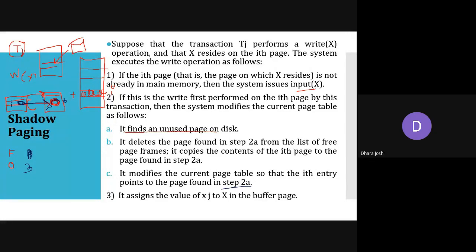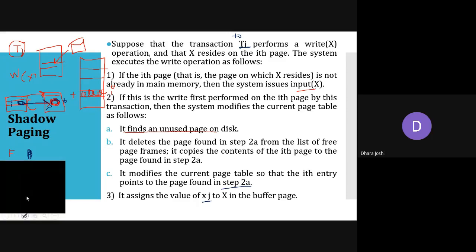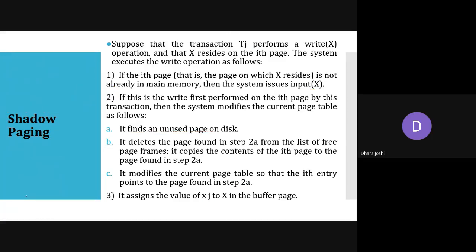And after that, once we get the free page, we assign the value. Here it is written Xj because when transaction Tj makes changes to the data variable X, we call it Xj. The value updated by transaction Tj, we call Xj. It needs to be assigned into the buffer page. This is how we make the changes whenever a write operation occurs.